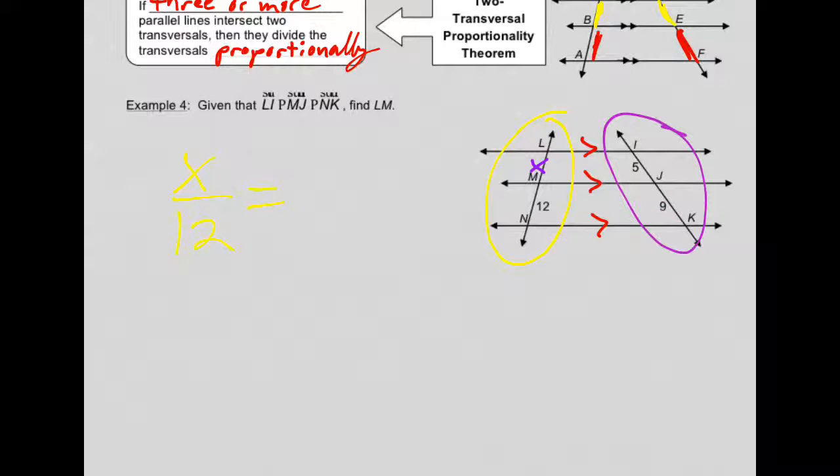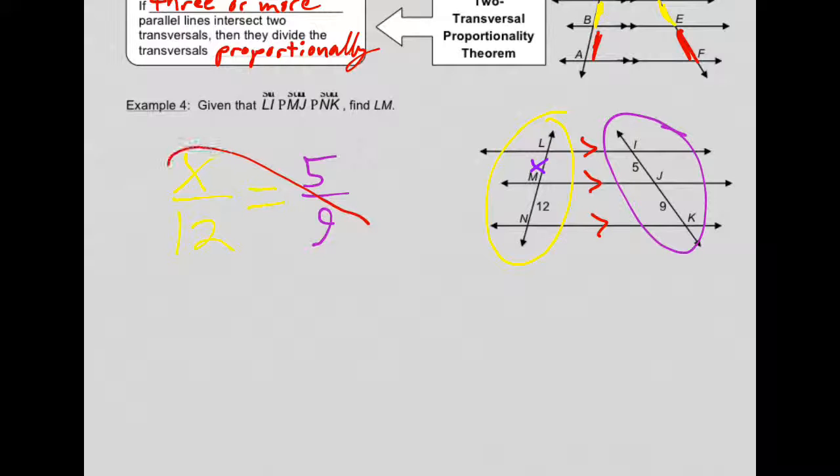So I can say equals 5 over 9. Now how do I know I can set this up this way? Because when 3 or more parallel lines intersect two transversals, they divide those transversals proportionally. So if it's proportional, you can get this.